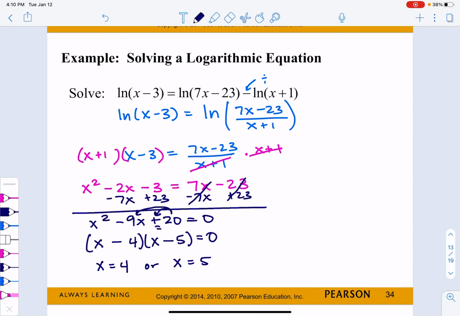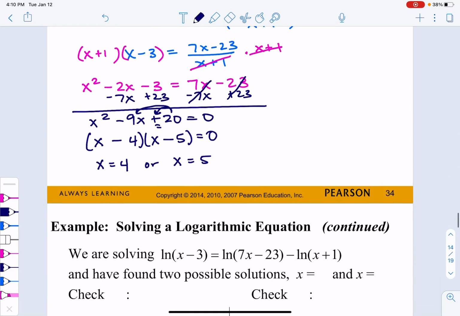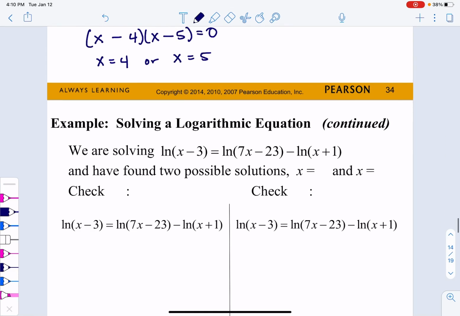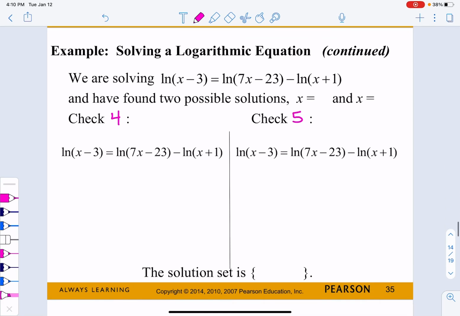We have a 4 or we have a 5, and we need to check them. So if I check those two, I want to check to see, does 4 work? Does 5 work? So if we go about plugging that in, ln of 4 minus 3, which is an ln of 1, equals ln of 7 multiplied with 4, take away 23, minus ln of 4 plus 1.